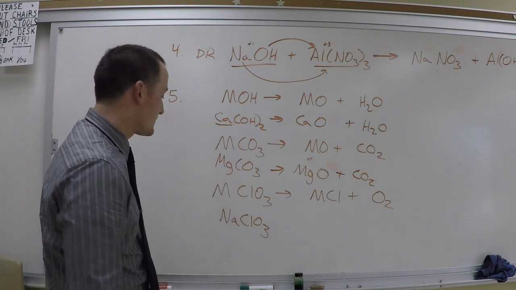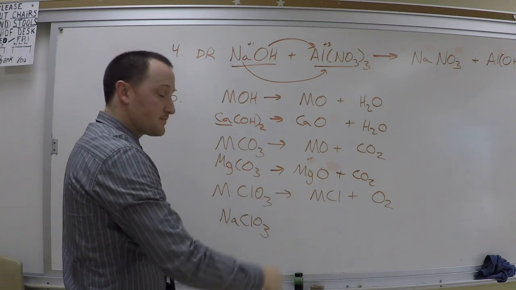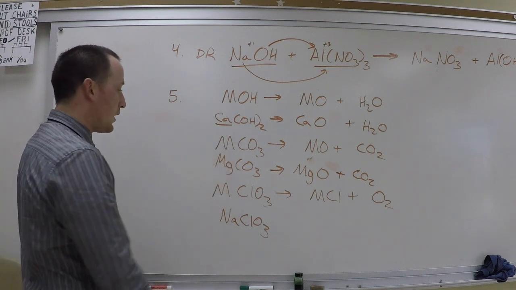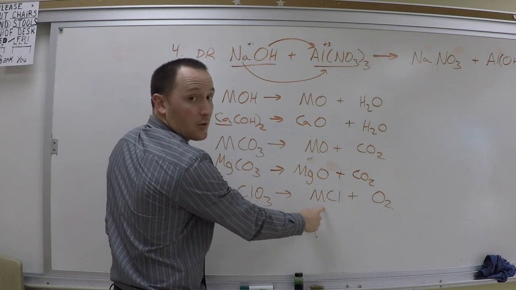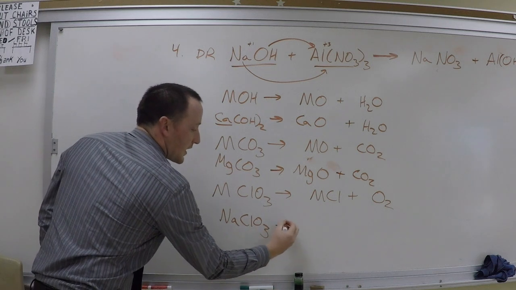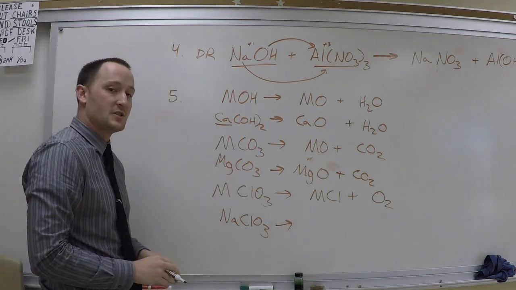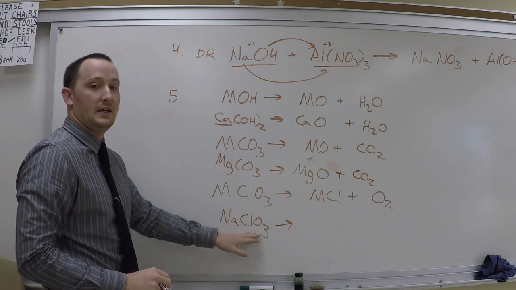Last one for this video. Now we have a metal chlorate decomposing. So I just plugged in any random metal. I decided to put sodium. Well, if you'll notice, metal chlorates decompose into the metal chloride and oxygen. What you'd have to recognize is, oh, I only have one reactant. That means it's a decomposition. And you're going to have to notice that, oh, this is a chlorate decomposition.